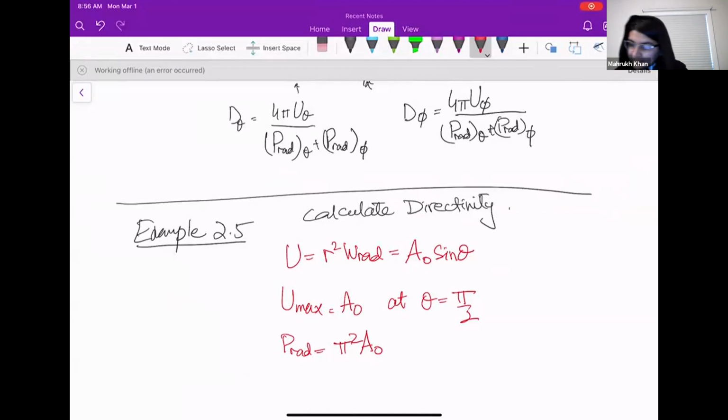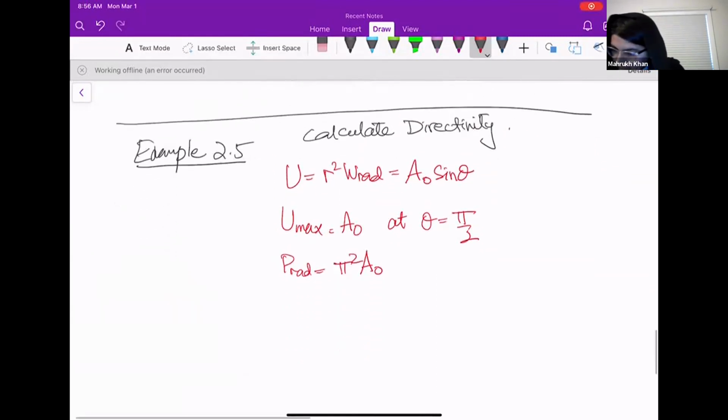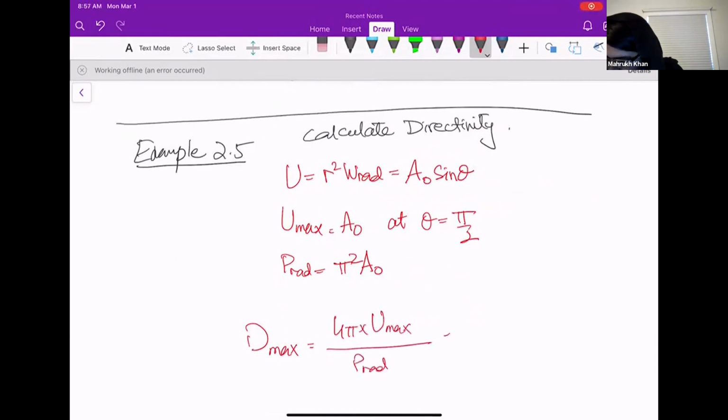So our maximum directivity, yes, D max will be 4 pi into U max by P rad, which will be 4 pi into pi by 2.